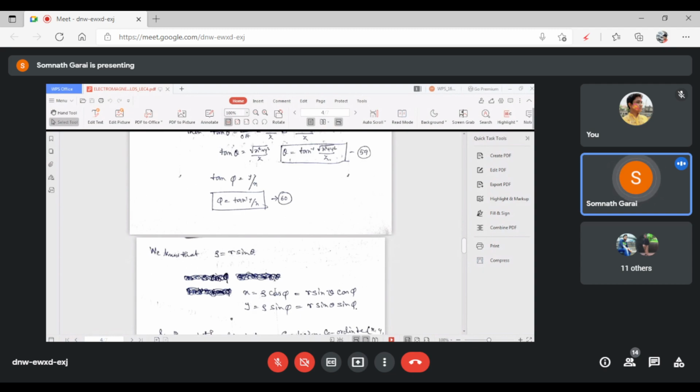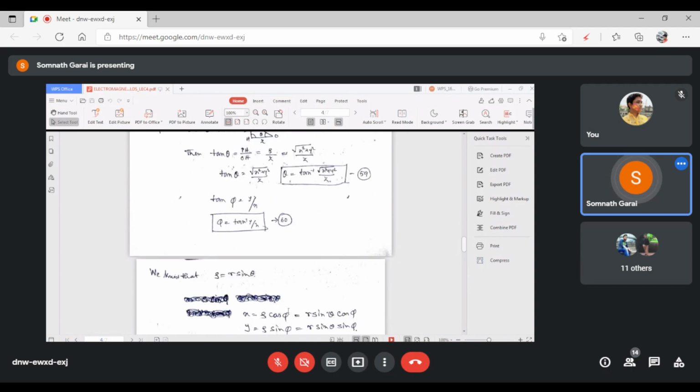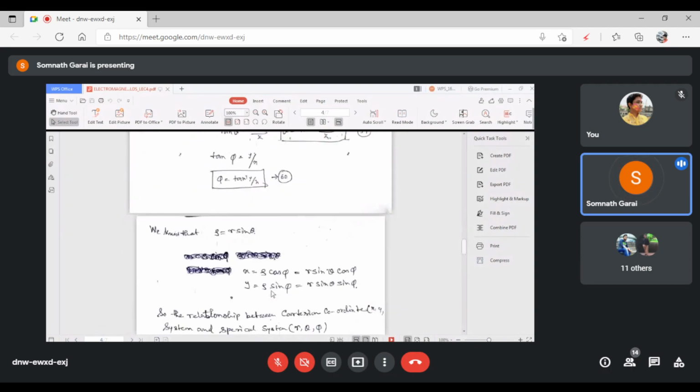Now from this figure we proved that rho is equal to r sin theta, right? Now if we put the value of rho here, x is equal to r sin theta cos phi, y is equal to r sin theta sin phi.